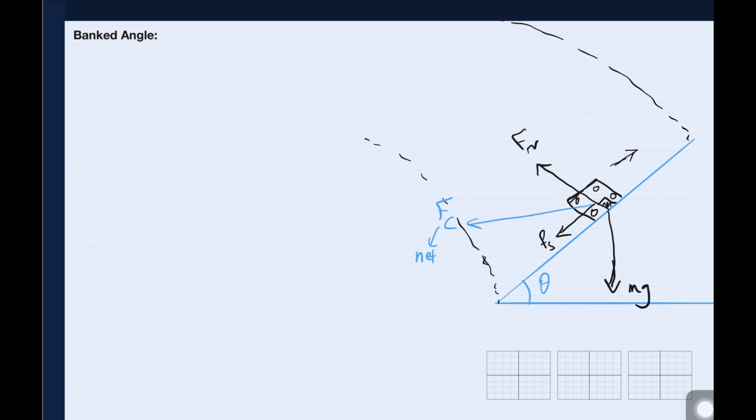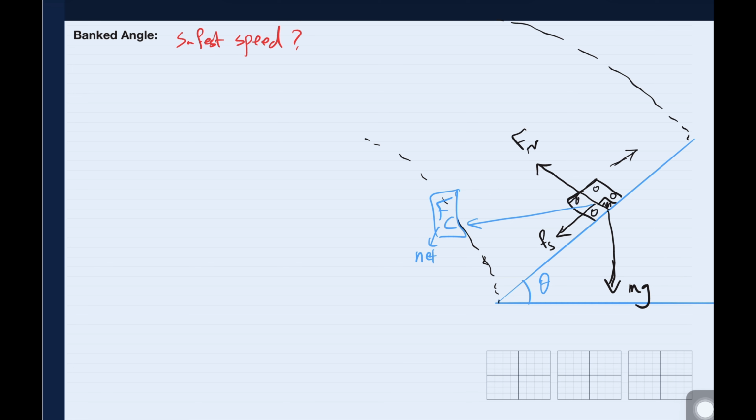But to calculate this centripetal force, we have to calculate every single effect of every single force applied on this car. What we're looking for in this case is the safest speed for this car to turn on this track.